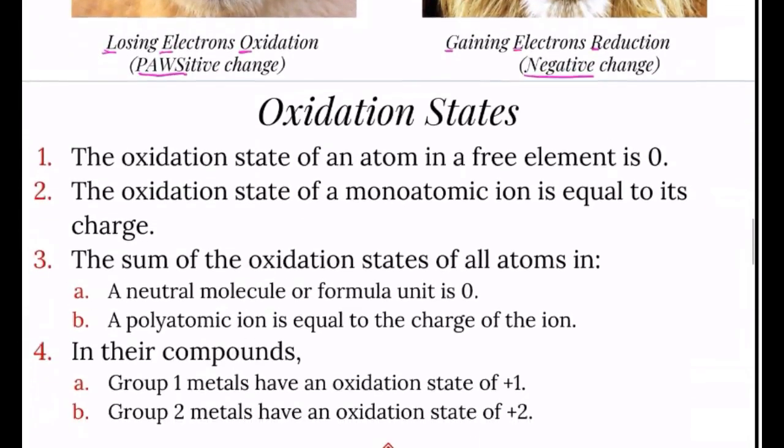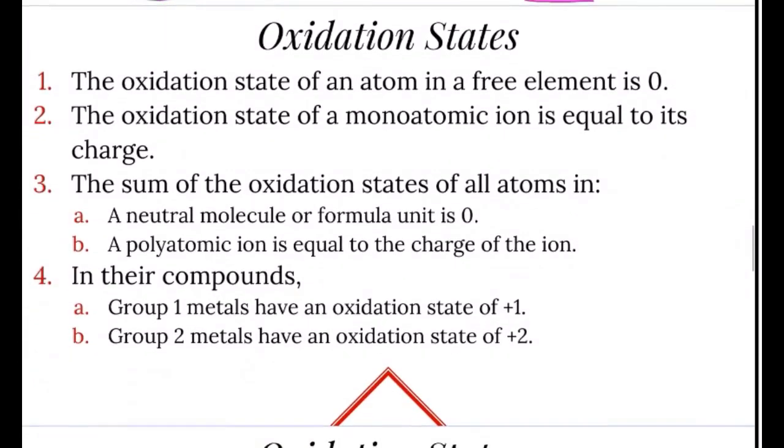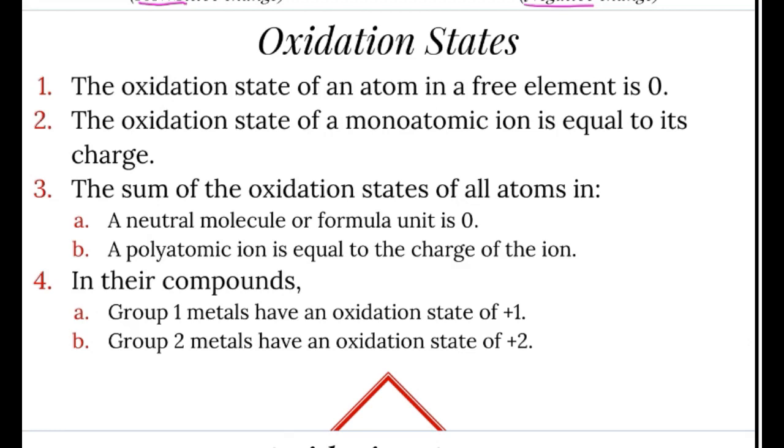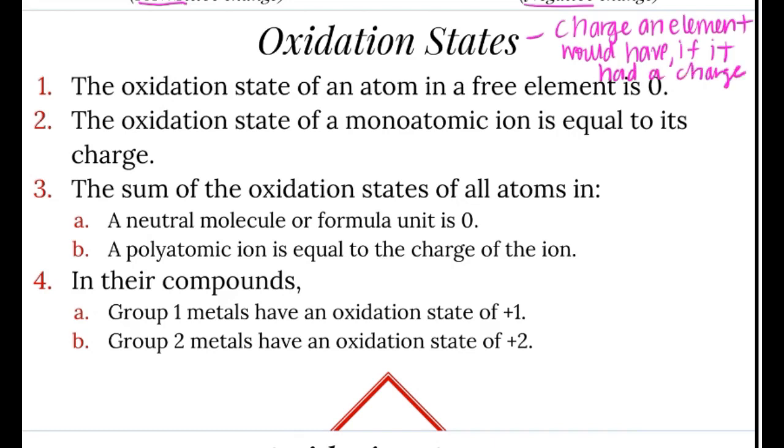So how can we tell this? We have to look at oxidation states. Oxidation states are essentially the charge an element would have if it had a charge. When I'm assigning an oxidation state, I don't mean that it does have a charge.